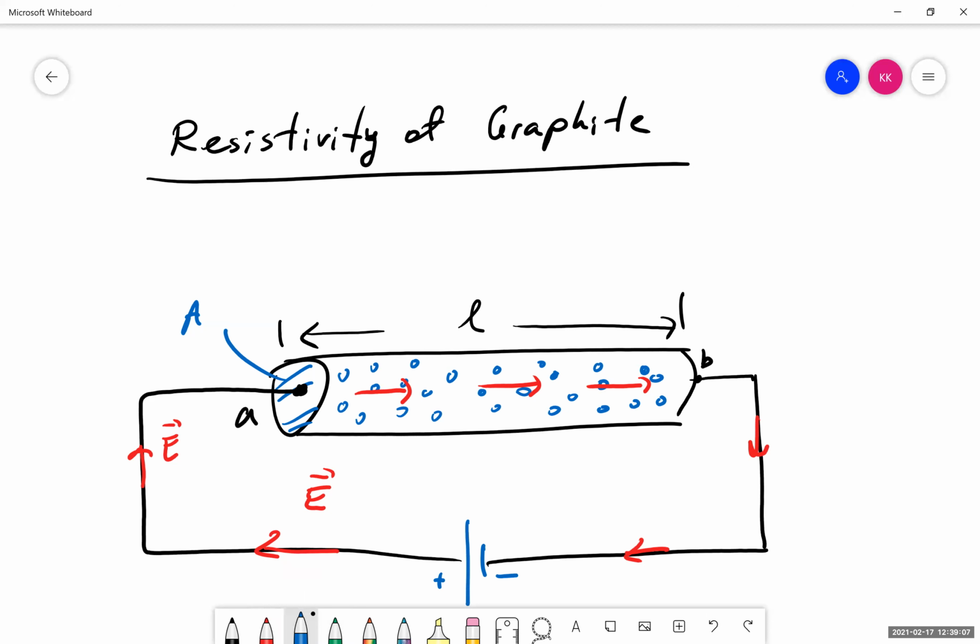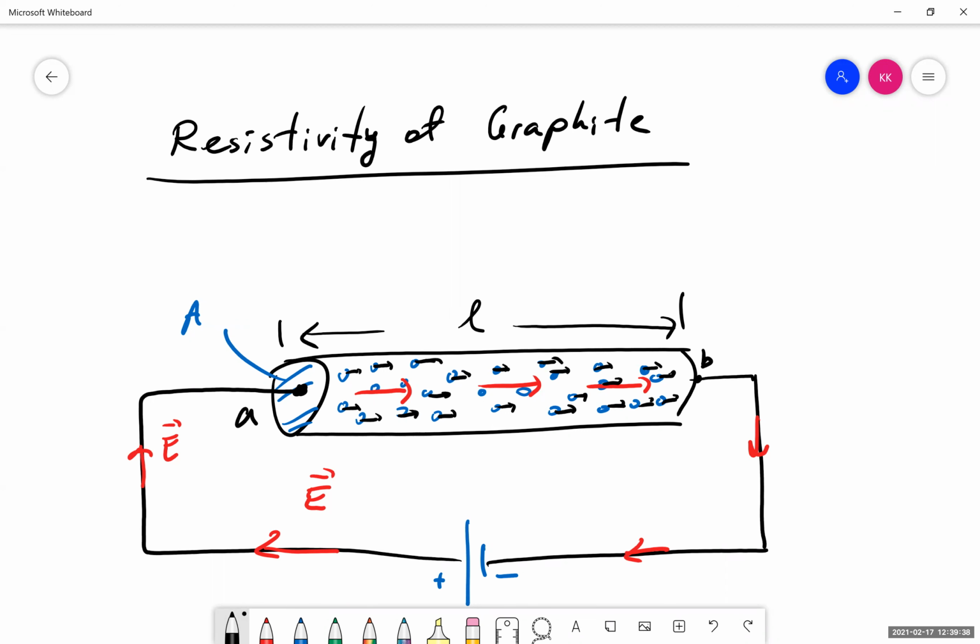As soon as you have an electric field inside this piece of wire, this conductor, those electric fields exert force on the charges inside the conductor. And all of those charges now collectively move in the same direction. So this collective motion of those charges is defined to be the current, right? So the current is defined as the flow of those charges.